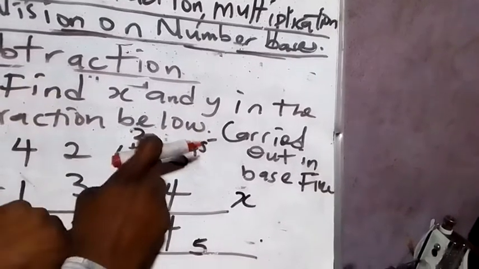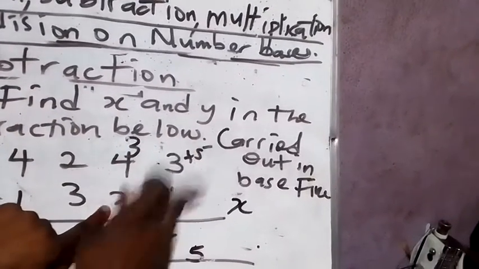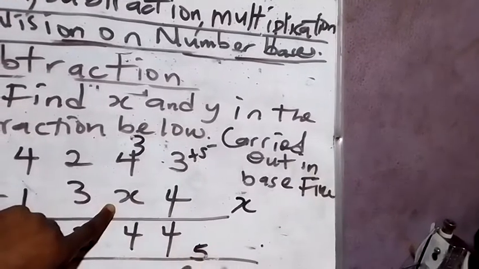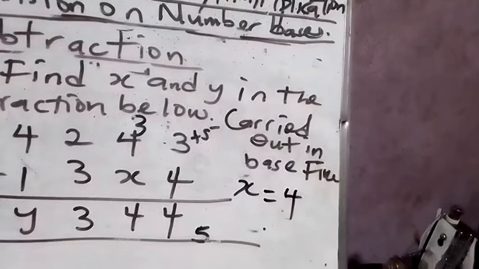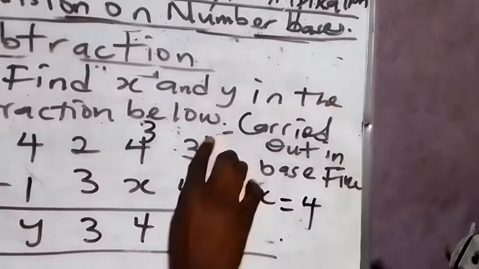So they will subtract from 8, and that will give them 4. So that means our x is going to be 4. Let me repeat myself. The questions come like this.